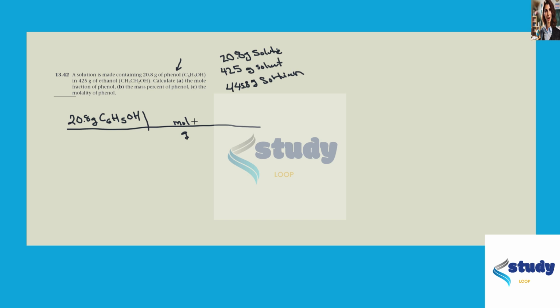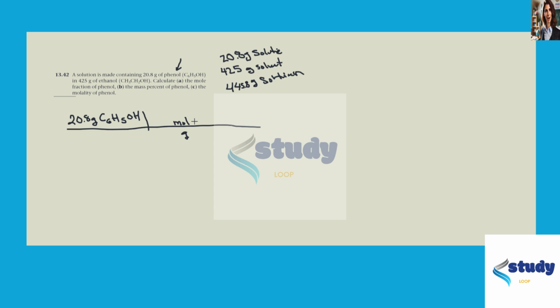So let's see what we have. Carbon on the periodic table is 12.01, and we have 6 carbons. And we have 6 hydrogens. So let's look on the periodic table. Hydrogen is 1.01 grams per mole, and we have 1 oxygen.